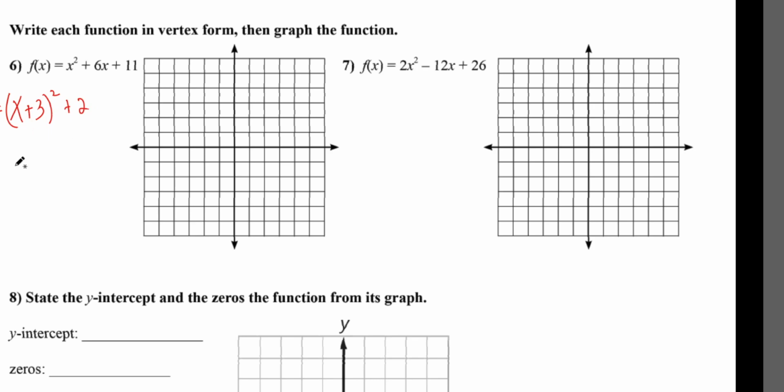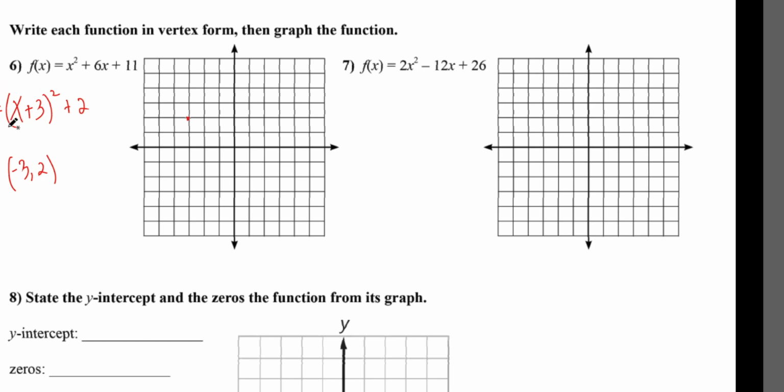So what's the vertex of this? Is it 3, 2? It's negative 3, 2. Because remember, the vertex form is x minus h. This is the same thing as x minus a negative 3. So it's negative 3, 2. So negative 3, 1, 2, 3, 1, 2, right here. And then what I would do, I would just punch a couple numbers in.